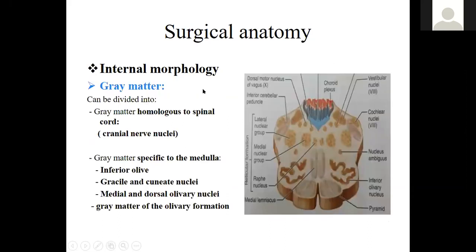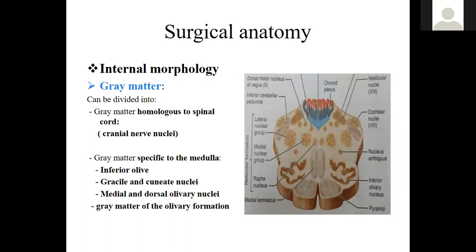So talking about the gray matter that separates the medulla oblongata from the spinal cord, the gray matter can be divided into gray matter homologous to the spinal cord, that's cranial nerves, knowing that at the level of the spinal cord there are also nerves, but those are peripheral spinal nerves.